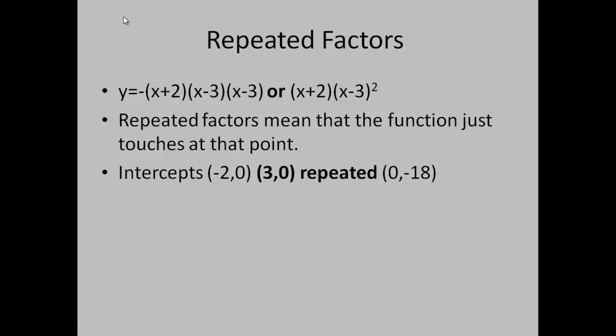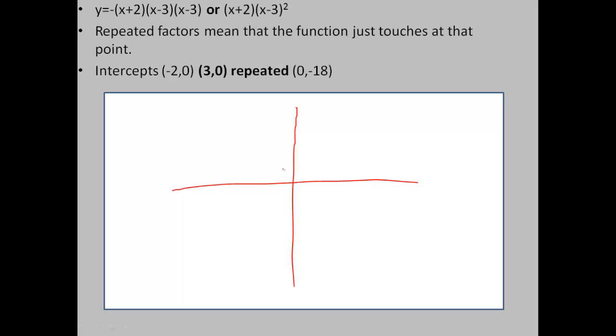So what does this look like? Again, it doesn't need to be really accurate. We've got -2, 0, so we can put that at -2. We've got 3, 0, so mark that point there. And the only other point we've got is 0, -18, so it doesn't need to be to scale. We'll mark that point there. Now we know that the graph goes from there to there, and we know it goes through -2, 0, so that point there is going to go like this.